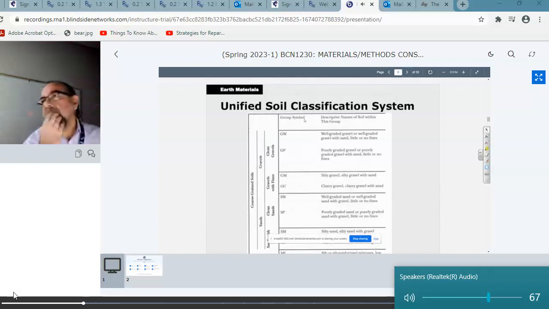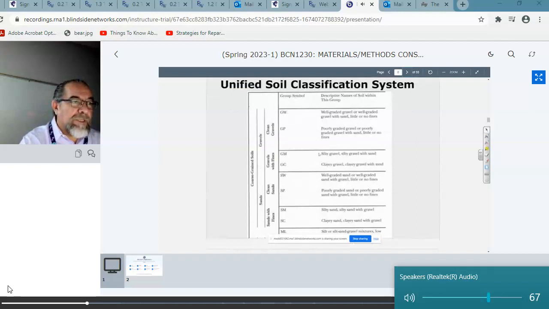Then we start giving our letter acronyms to it. So group symbol, GW. So let's make sense out of it. It would have to be gravel, W. What would the W be? Gravel well drained. GW, gravel well. GP, gravel poorly graded. Okay, now I'm breaking the code.